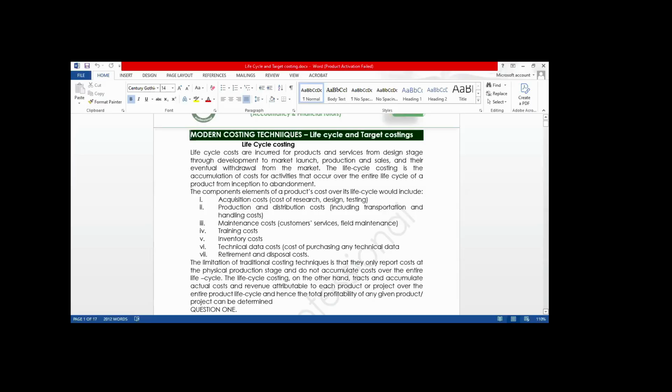You now engage professionals to carry out development and product design. All these activities involve cost. This is the concept of life cycle costing. Any question, please?